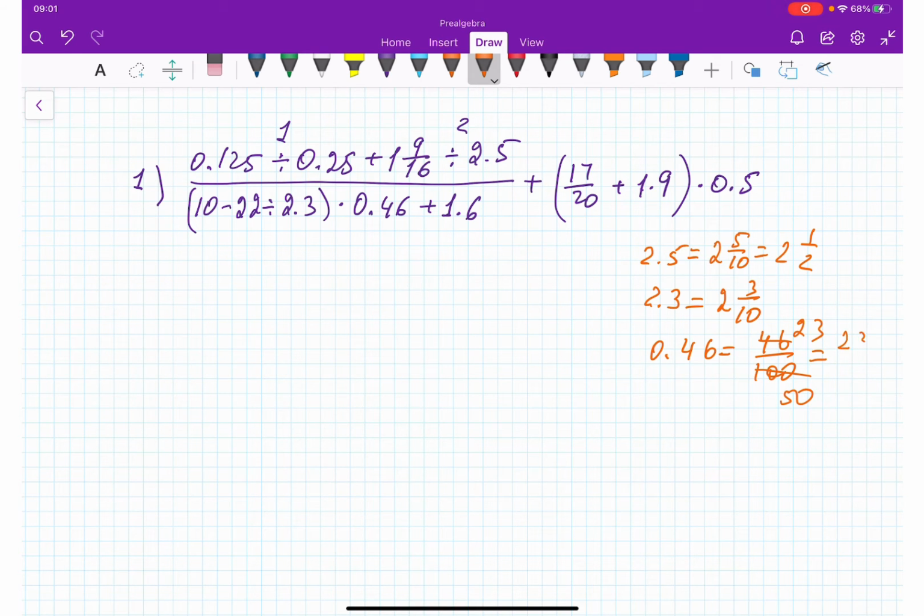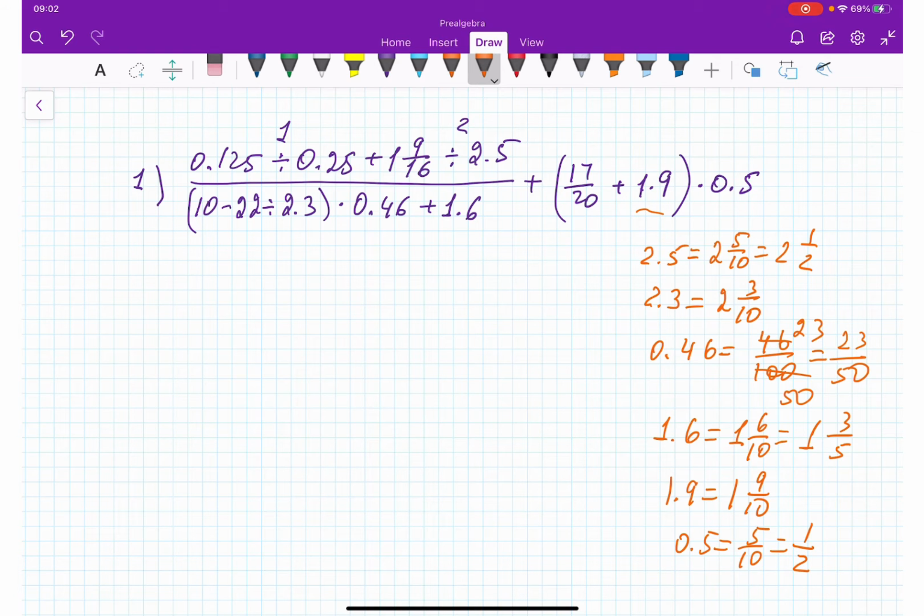So we are getting 23 over 50. And 1.6, it's going to be equal 1 and 6 over 10, which is going to be 1 and 3/5. And we have there 1.9 right here, which is going to be equal 1 and 9/10. And 0.5 equal 5 over 10, which is 1/2.